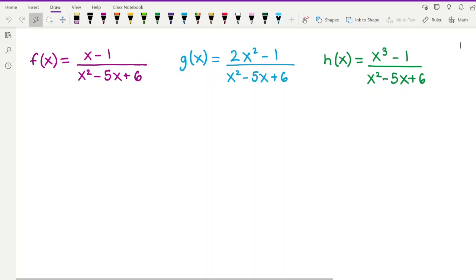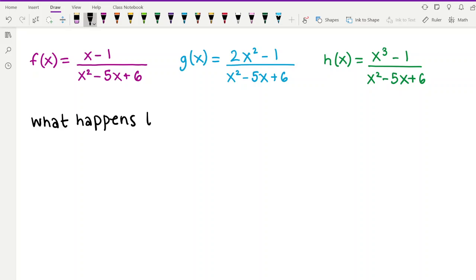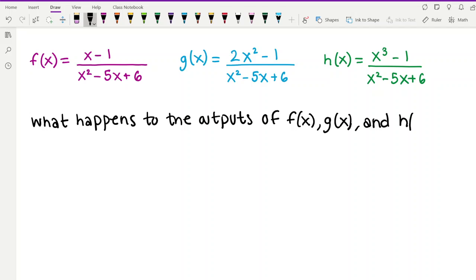So what we're going to do with each of these functions is figure out what happens to the outputs of these functions, so f of x, g of x, and h of x, when x is very large or very small, right?